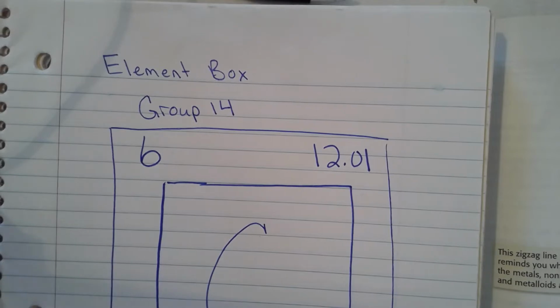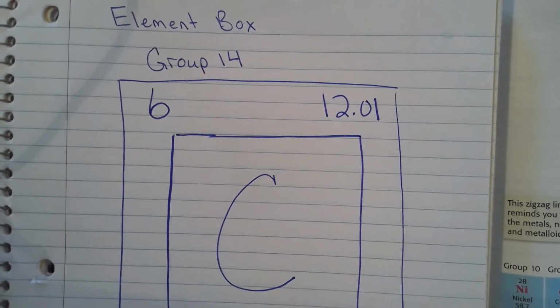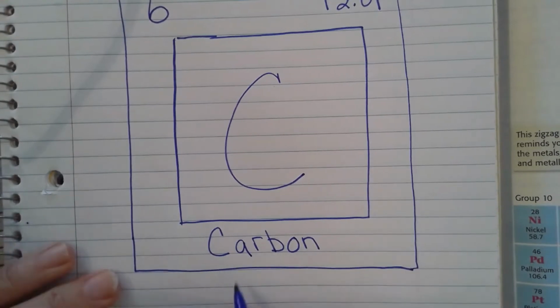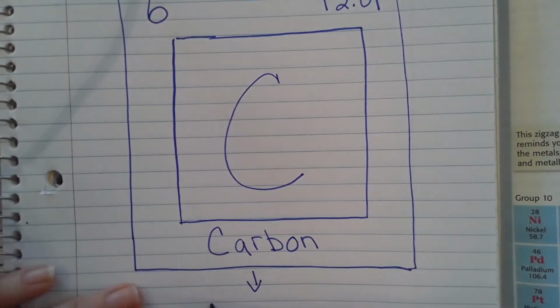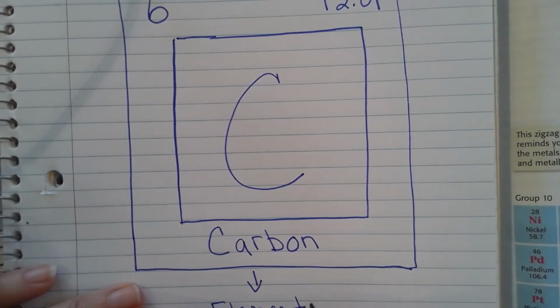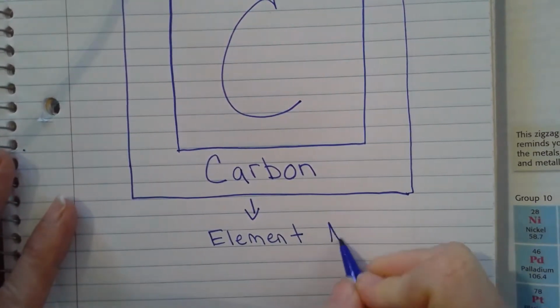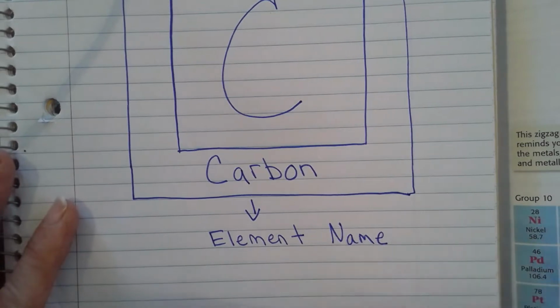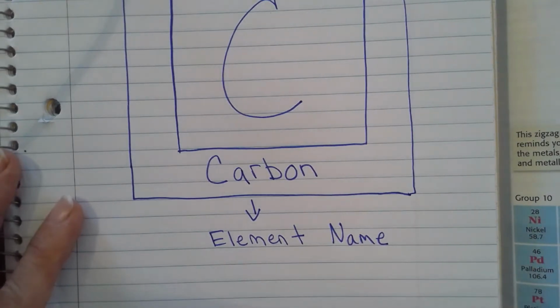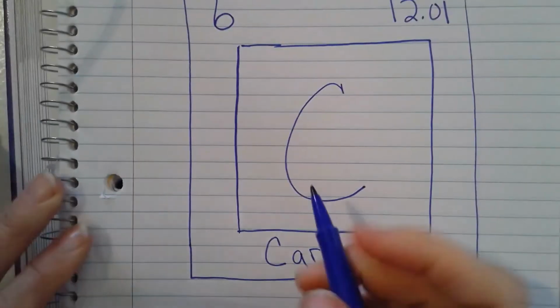Okay, let's start down here at the bottom, where it says the element name. So you're going to just do a little arrow. This is the element name. And I know from 7th grade you have all heard of carbon. This is the element symbol.